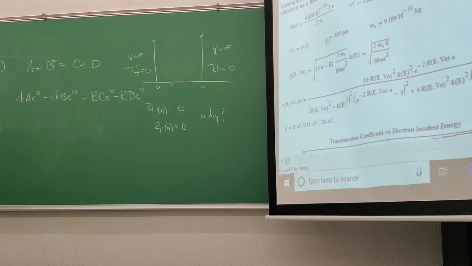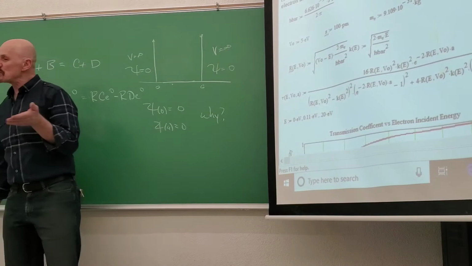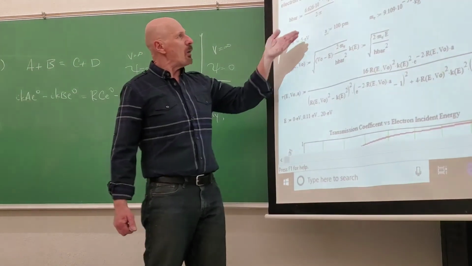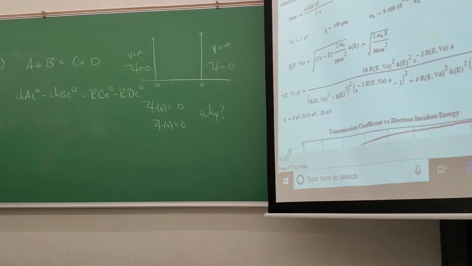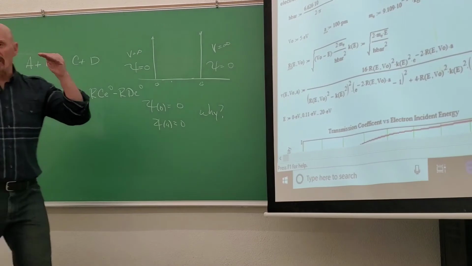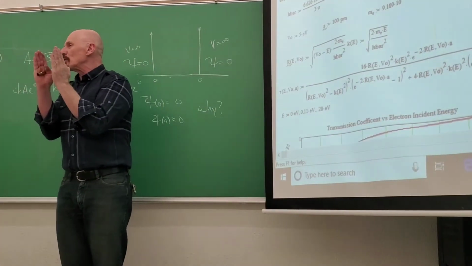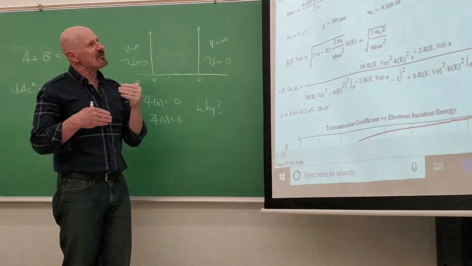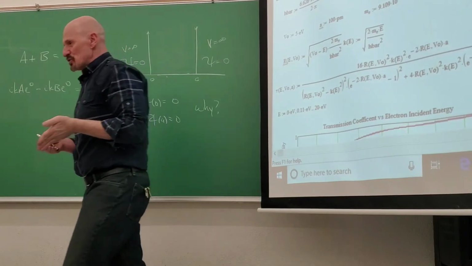So in here, I will do an example. I'm not going to make you do this, but this is an illustration of what tunneling is about. I want to plot the transmission probability. What's the probability of the particle making it through? I have a 5 electron volt barrier, that's how high the barrier is. It is 100 picometers wide, and I have an electron that is incident that is variable in energy.